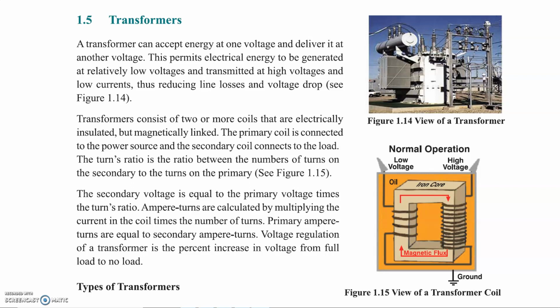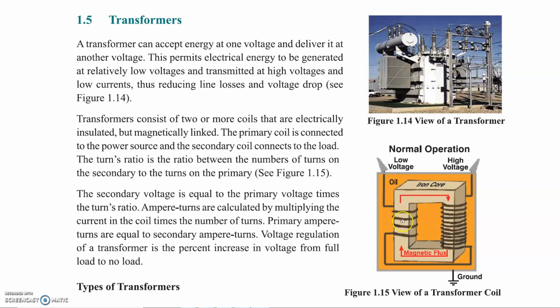Now another aspect that we have to keep in mind is that primary ampere turns is equal to secondary ampere turns. That means current multiplied by number of turns in the primary is equal to current multiplied by number of turns in the secondary. So again, coming back to the same condition where the primary side number of turns is 5 and the secondary side number of turns is 10.